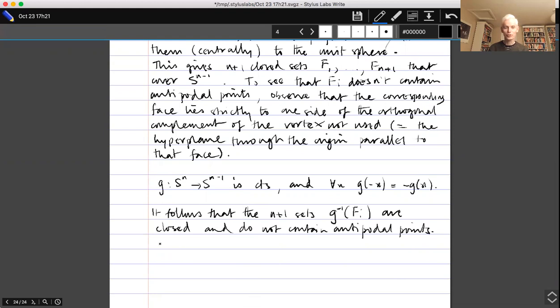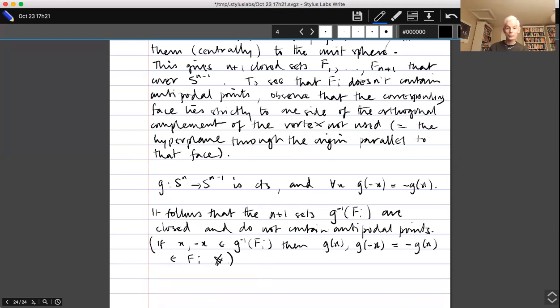Supposing we knew that if x and minus x both belong to g^(-1) of F_i, then g(x) and g of minus x, which happens to equal, by the oddness property, minus g of x, belong to F_i, contradicting what we know about F_i.